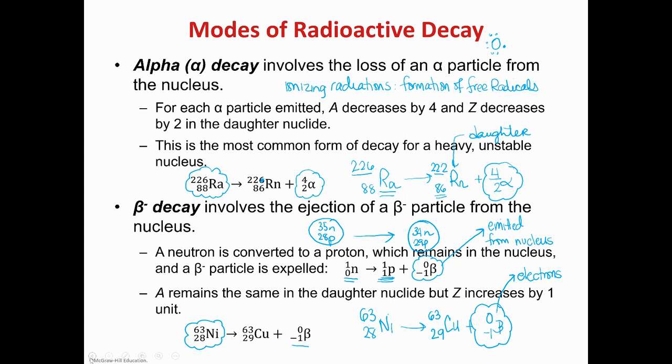It doesn't have mass or charge, and it's just a high energy photon. So that was our gamma. And a lot of times, the alpha decays and the betas are accompanied by that release of a photon. So we don't necessarily write equations showing gamma. Okay.